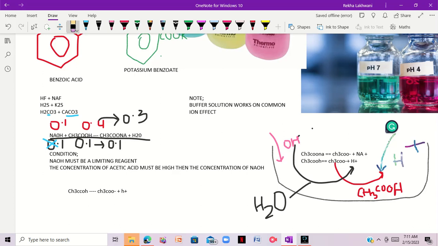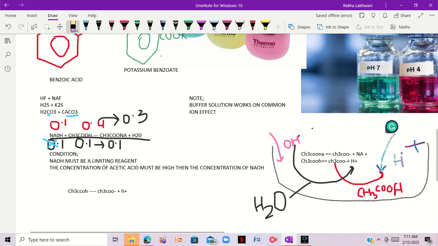And you will ask, will they change the pH? No, because of the positive and negative charge, they both will cancel each other, and there will be no certain change in pH. Now, you want to check if there is any change if we add hydrogen ions or OH ions, right? If we add hydrogen ions, this hydrogen ion will react with this CH3COO negative and form CH3COOH, which is basically acetic acid. So acetic acid will be formed.